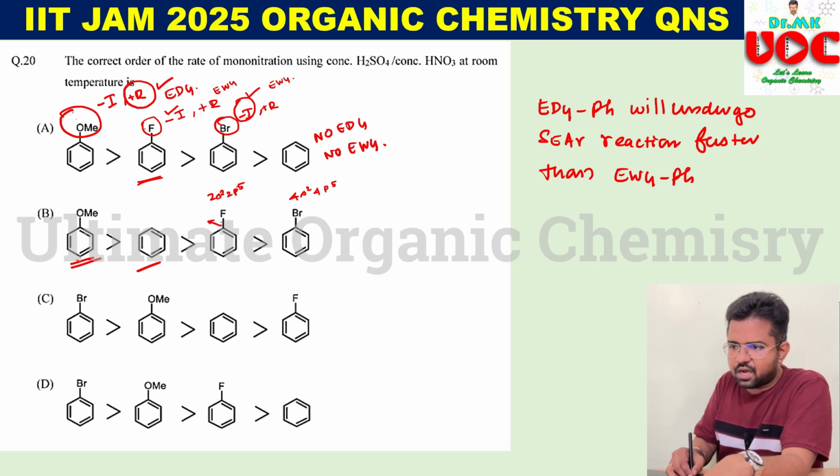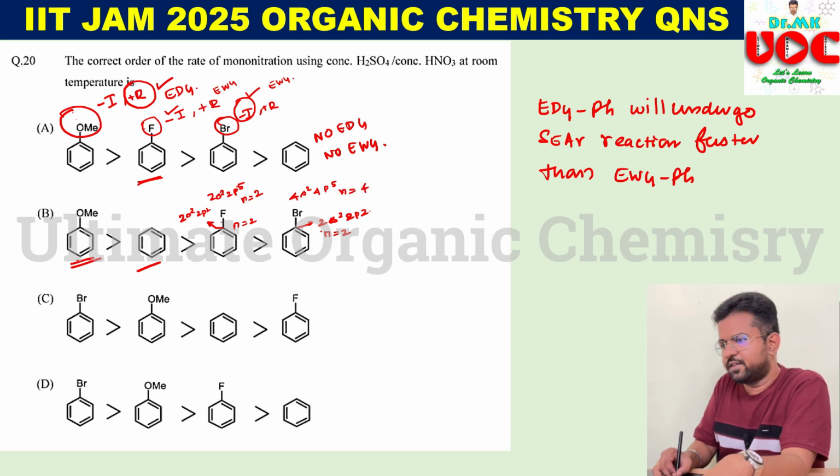Carbon's outermost electronic configuration is 2s2 2p2. So the principal quantum number is 2 for carbon, and for fluorine also the principal quantum number is 2. And bromine's principal quantum number is 4.